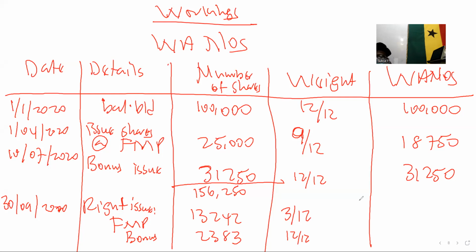So here it will still be 2383. What about the weight? This is what you get if you multiply. 3 over 12, that's a quarter. So it's the same as 13,242 divided by 4, which is 3,311.